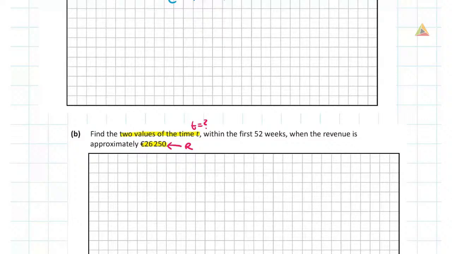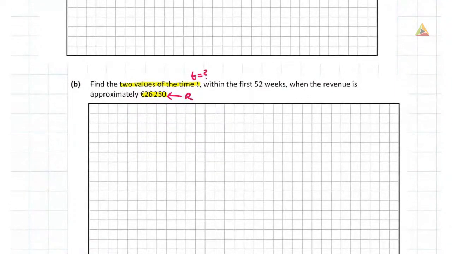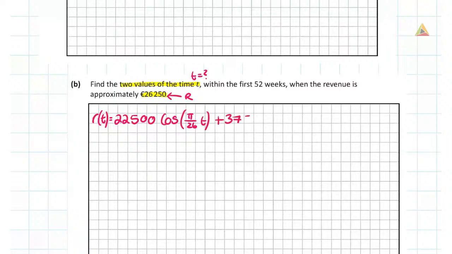So I'm taking my function from the question: R of t, our revenue, is 22,500 times the cos of pi over 26t plus 37,500, and they're telling me that that's equal to 26,250 for this part B. So our job is to solve this equation to find that t.